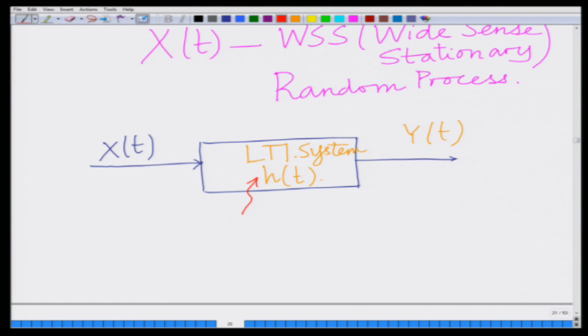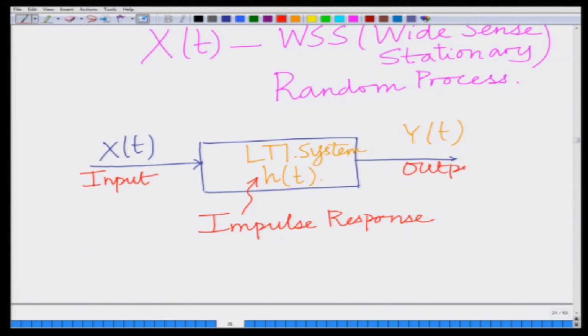Remember every LTI system is characterized by, so what is h of t? h of t is the impulse response of this system. x of t is the input to this LTI system, y of t is the output of the LTI system, and the LTI system is characterized by the impulse response h of t.